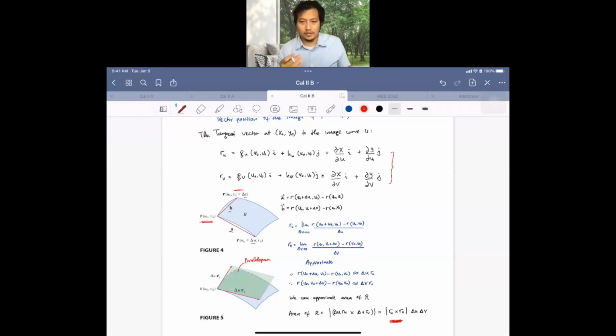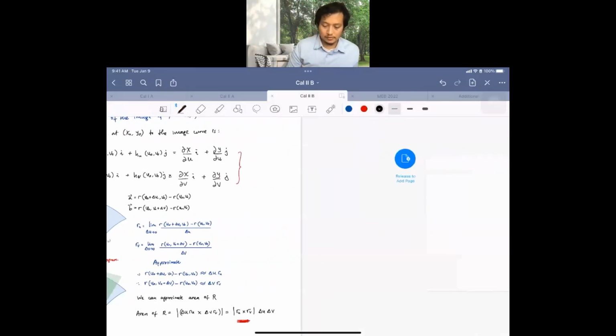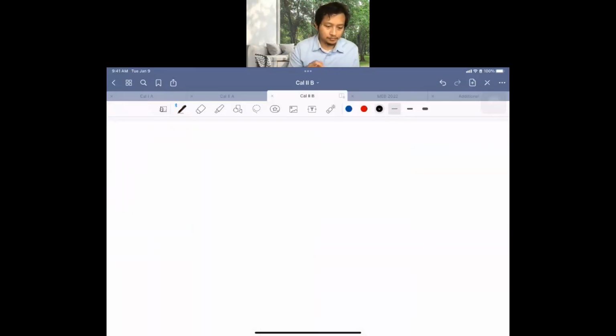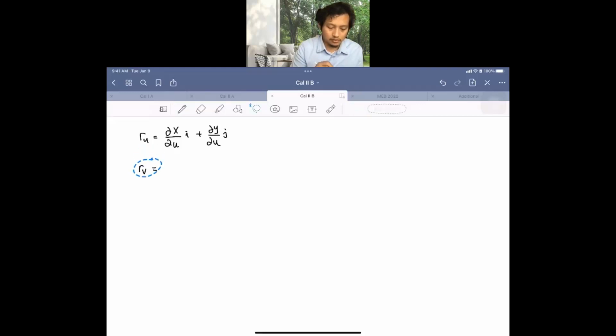Okay, let's go to the next page to construct our cross product. Let me write the R_u and R_phi, both described in the partial descriptions. Okay, these two R_u and R_phi, and we construct the cross product.